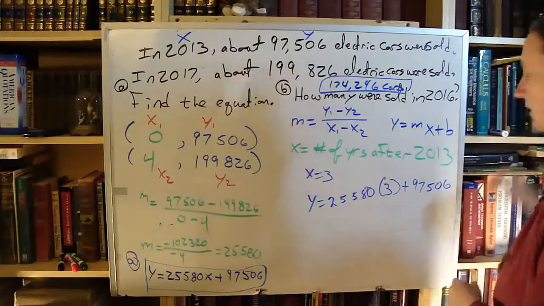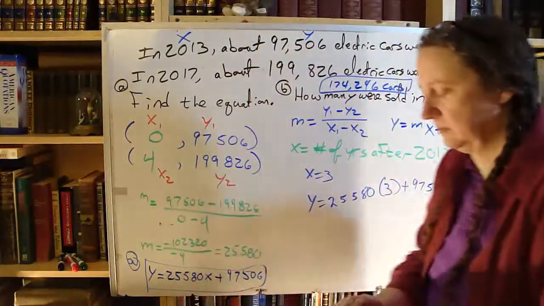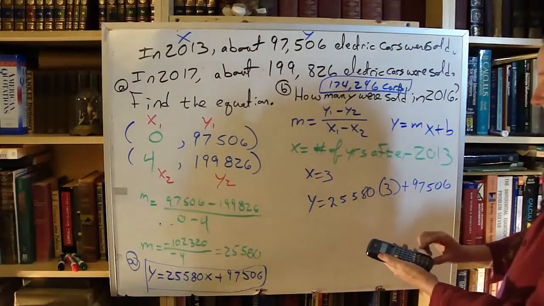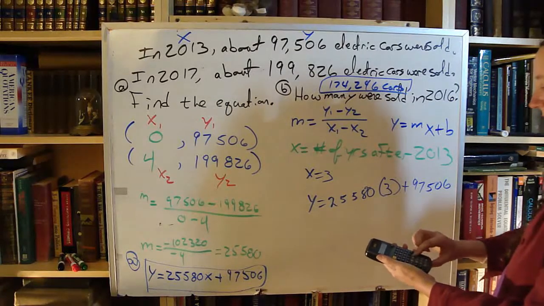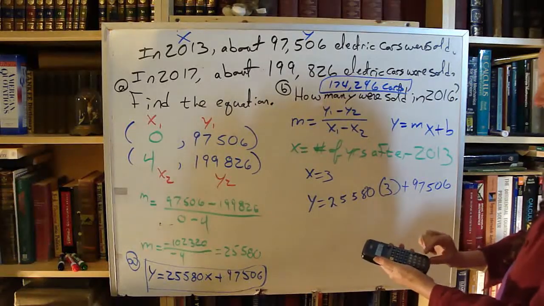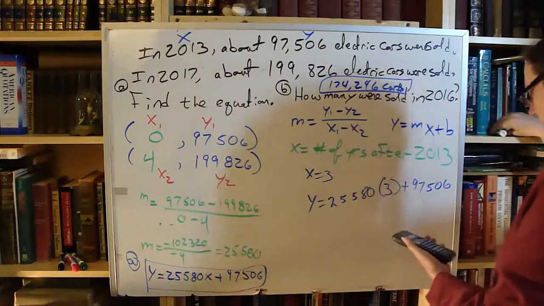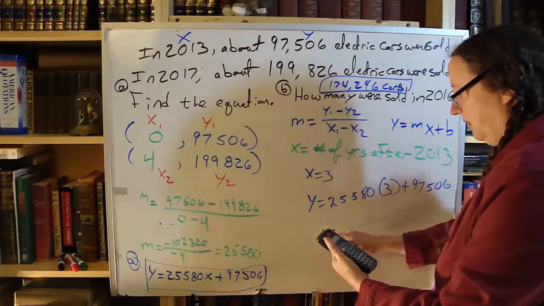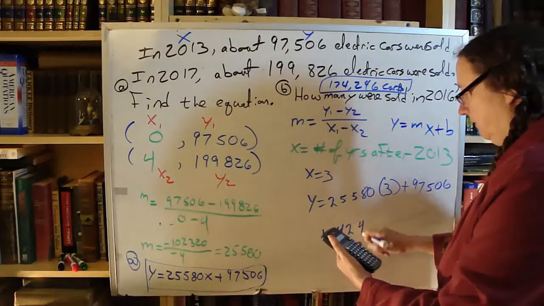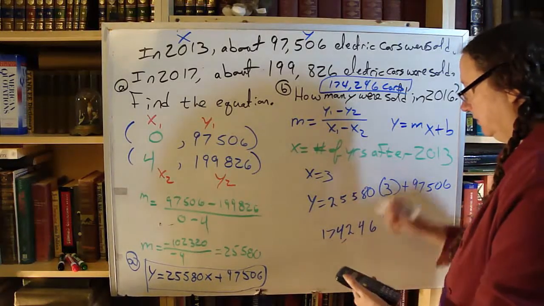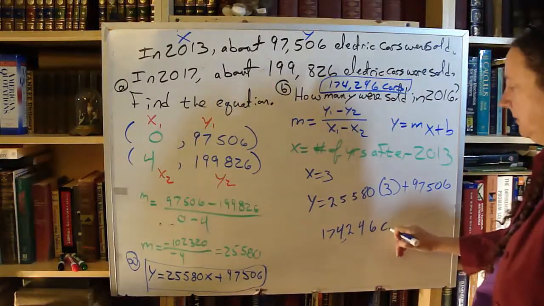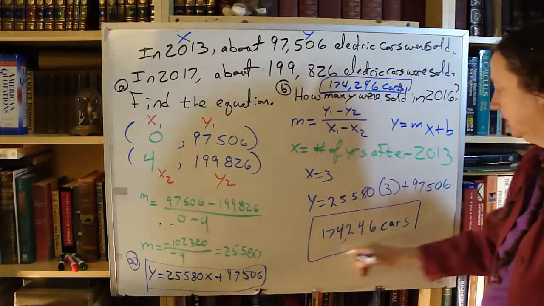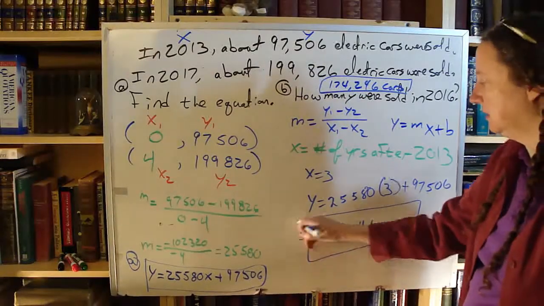I'm going to type all of it into my calculator at one time. 25580 times 3 plus 97506 equals, and my number that I get is 174,246. It's a word problem, so I throw my units on the end. And there's my answer for question B.